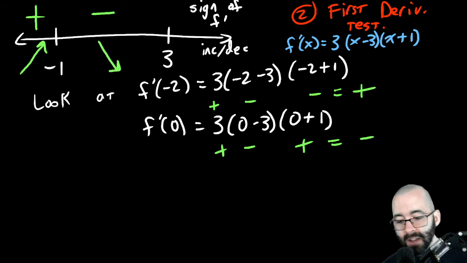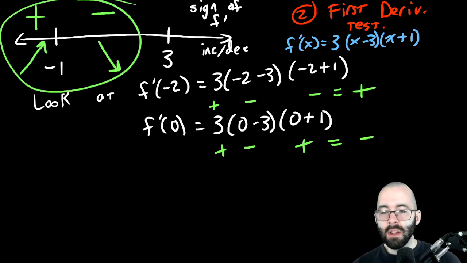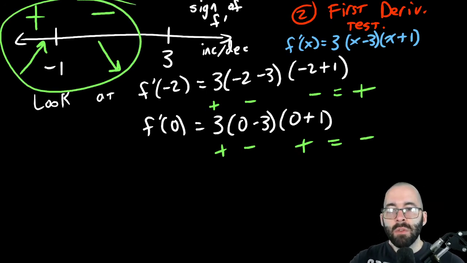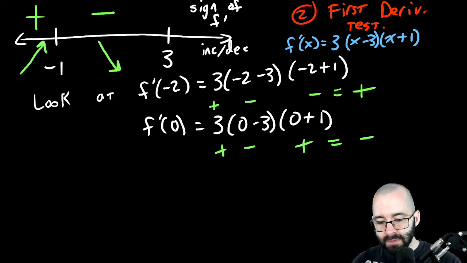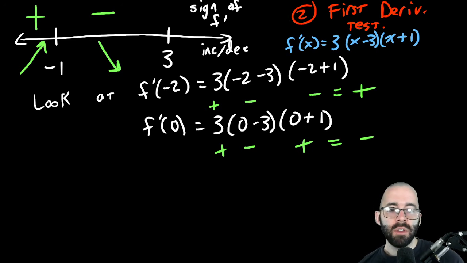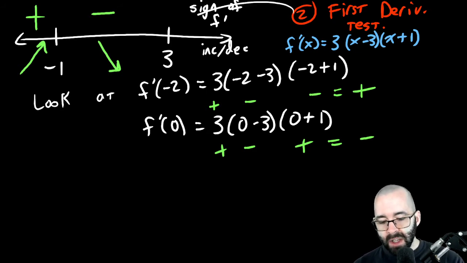And that immediately tells us whether -1 is a local max or a local min. But we're going to wait on that. Let's fill in this chart. This chart is usually the most useful way of visually looking at the first derivative test. We'll circle back to the first derivative test and connect why this chart is useful. So pick something in this last interval.